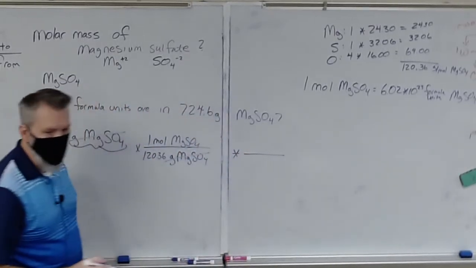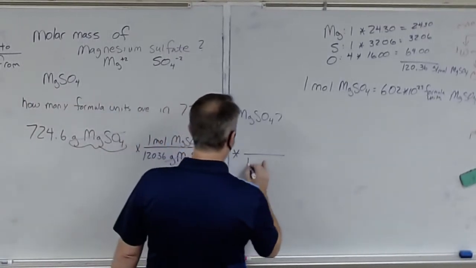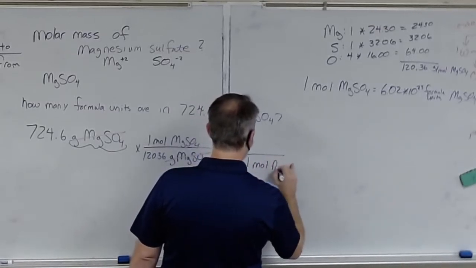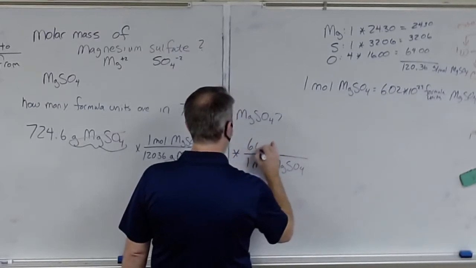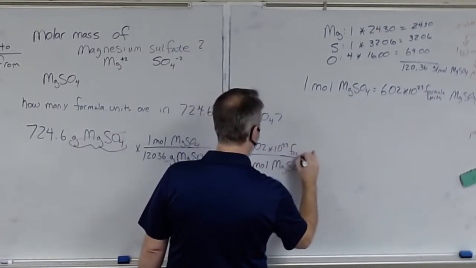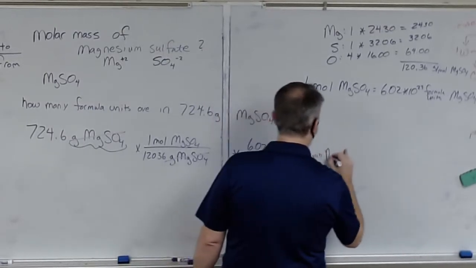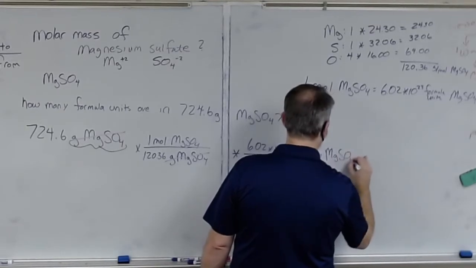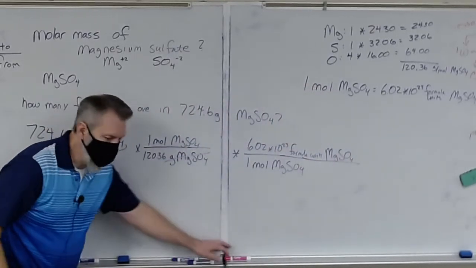And I want to go from what? Moles to formula units. All right. So 1 mole of MgSO4, 6.02 times 10 to the 23rd formula units of MgSO4. Once again, get a different color.